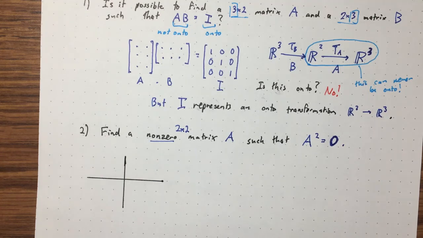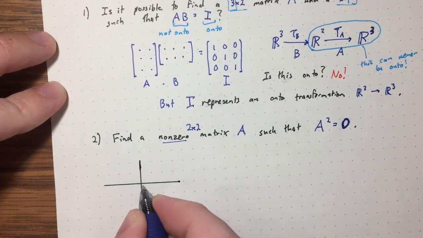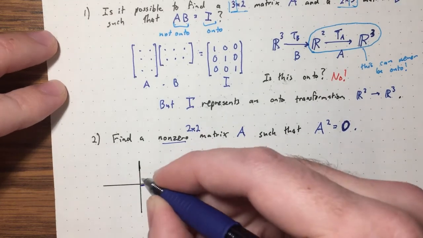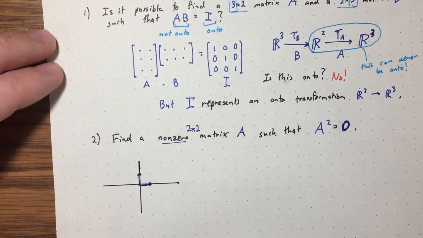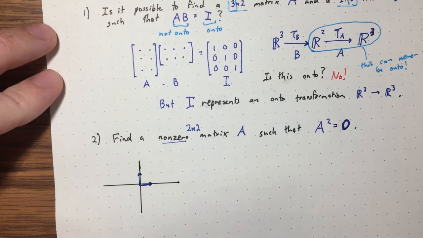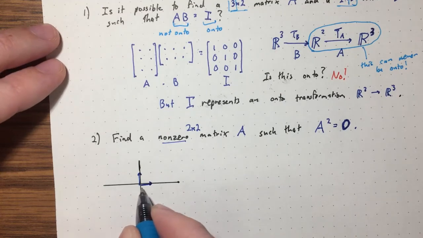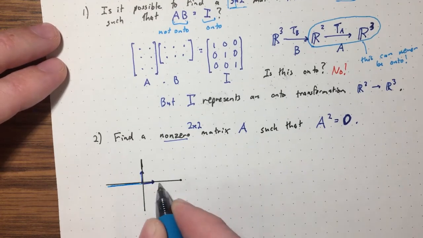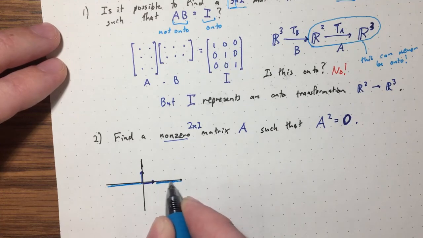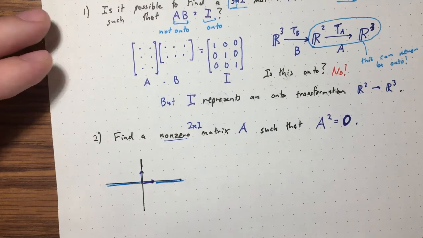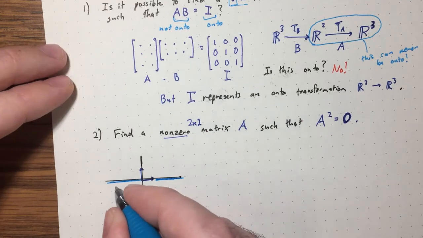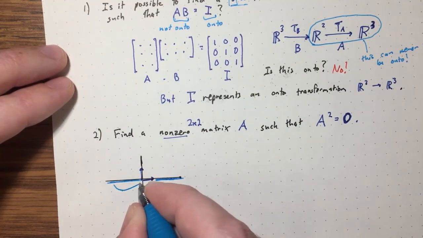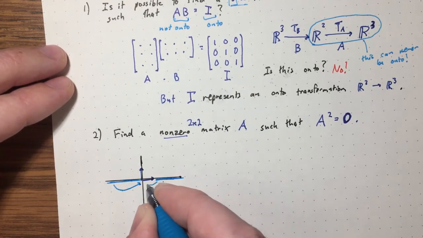Well, let's try it. So what do I want to specify? I want to figure out where 1, 0 and 0, 1 go, where my standard basis vectors go. Okay. So here's what I'm going to do. I'm going to try to design a linear transformation so that the first thing that happens is it's just going to collapse this whole x-axis into the 0 vector.